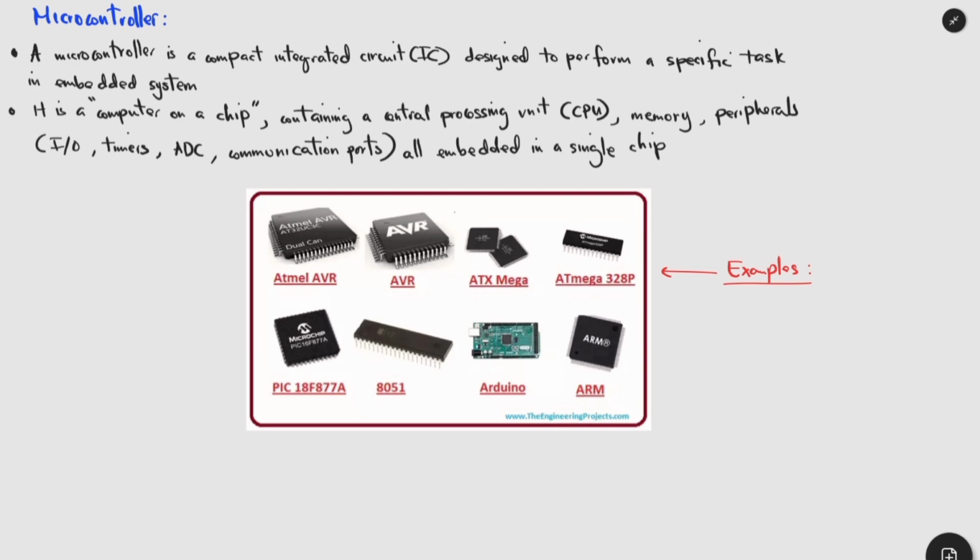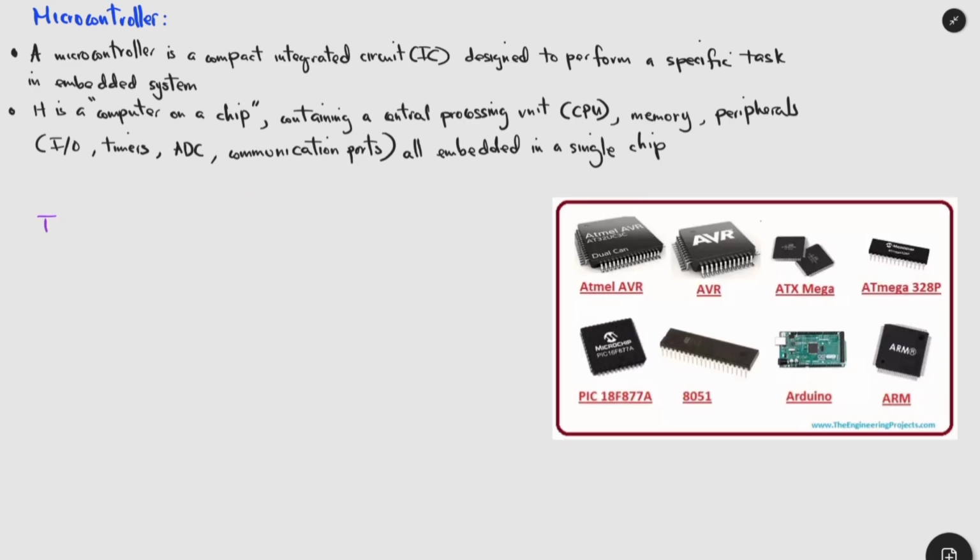If you can think of any task you want to perform, a microcontroller can help you do that. Imagine you want to measure a temperature. We mostly feel the temperature, but we don't know the value of the temperature. In order to help us solve this problem, this temperature value is our specific task.